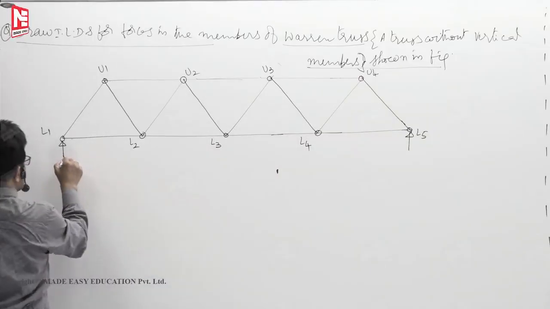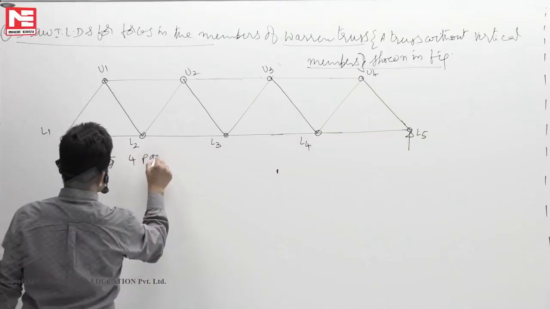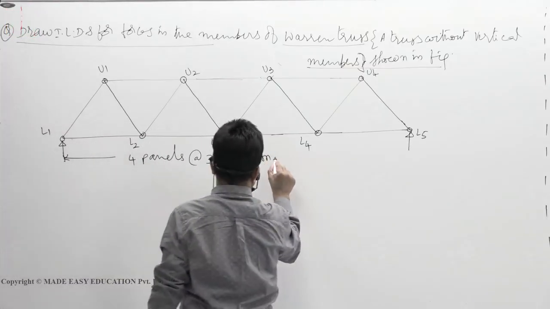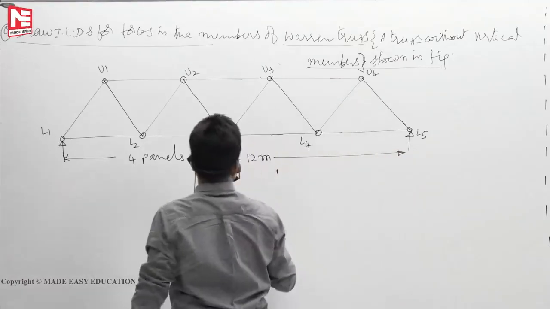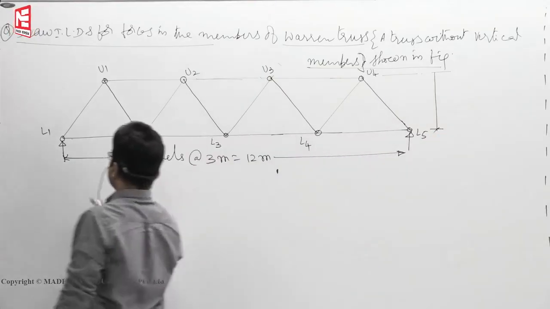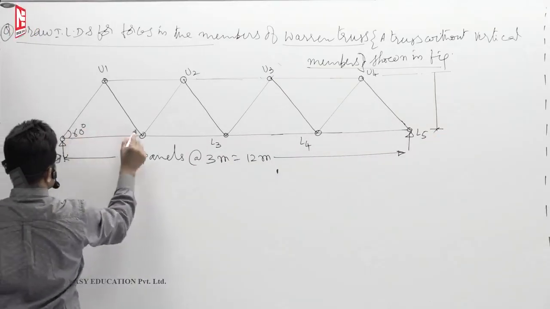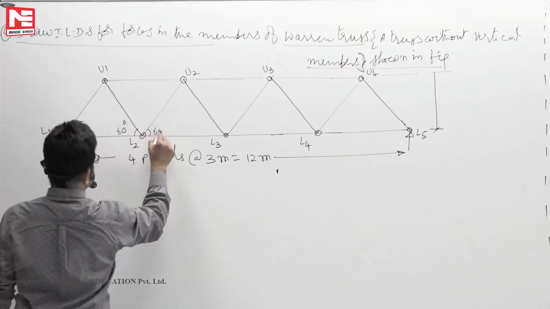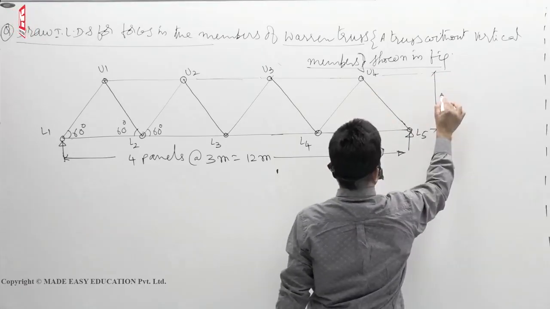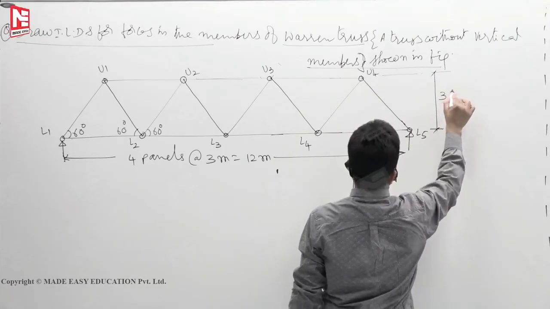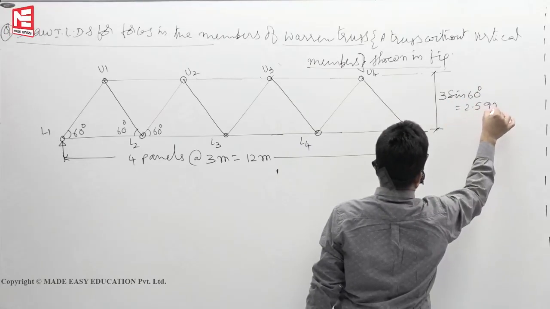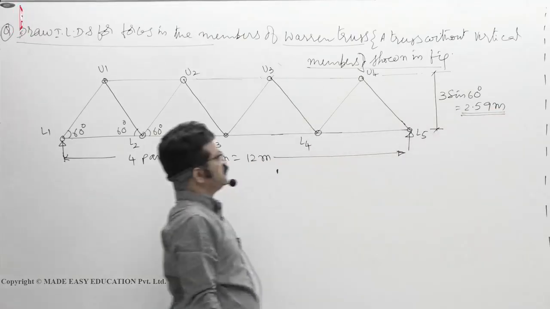We have 4 panels at 3 meters. So total length is say 12 meters. You assume that these angles are 60 degrees. That means the height of the truss will be 3 sin 60. You will get 2.59 meters.